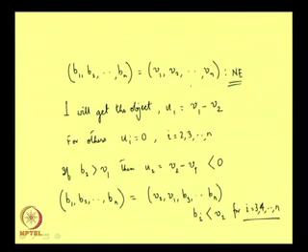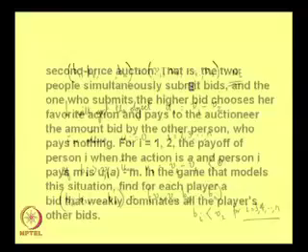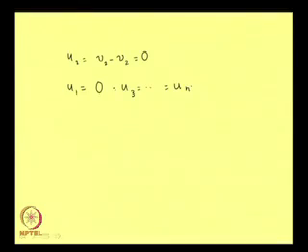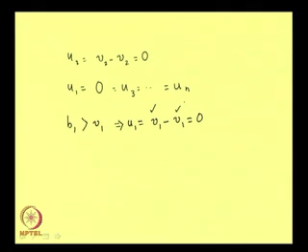From player 1's point of view, is this optimal? Player 1 is bidding V2. Now, he can get the object if he bids more than V1, but if he bids more than V1, what happens? Suppose B1 is more than V1, what happens to U1 then? U1 is equal to V1 minus V1. This is the valuation and this is the price that he pays, because player 2 is bidding V1.